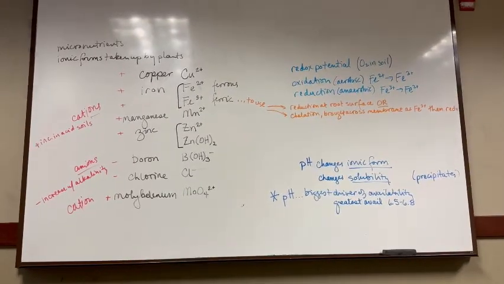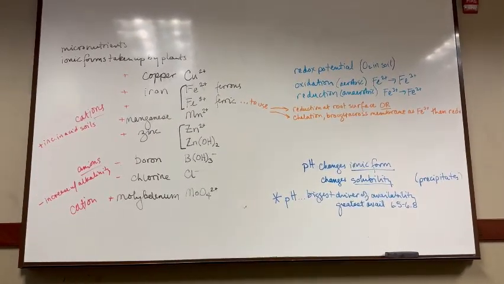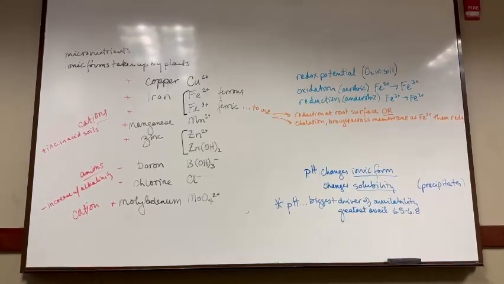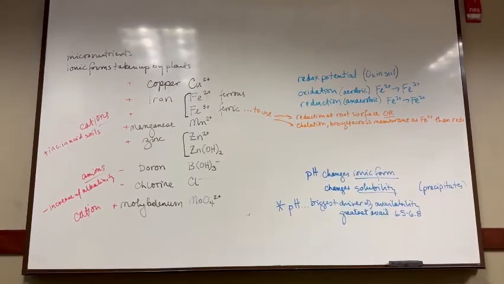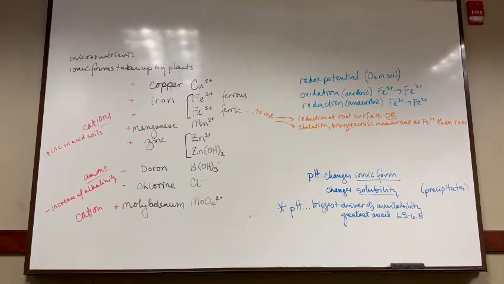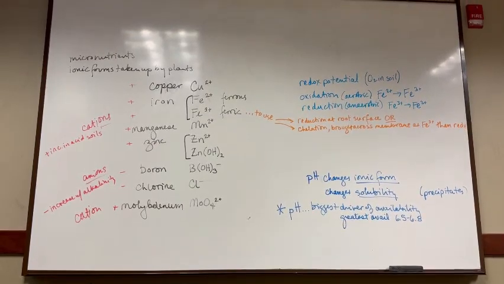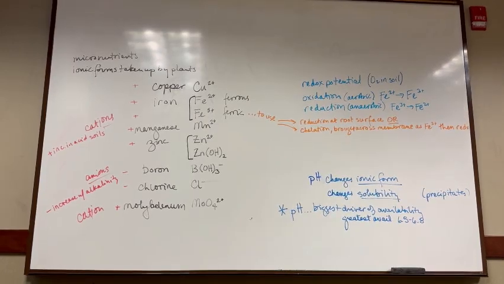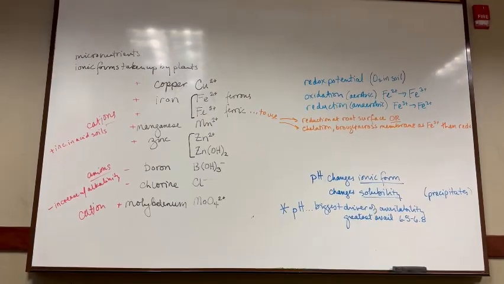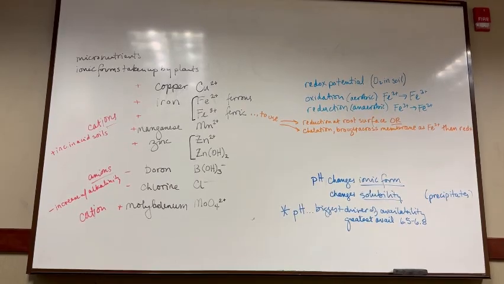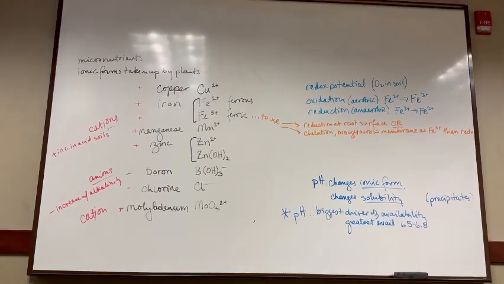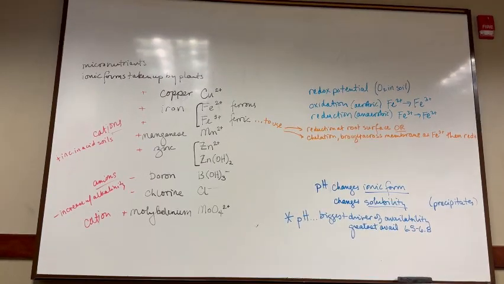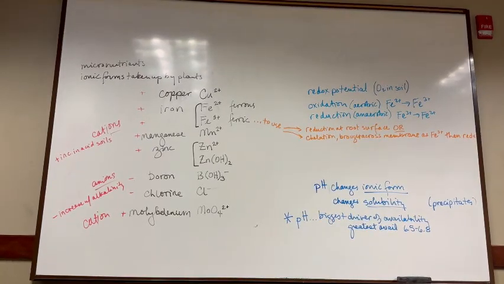The ionic form taken up by plants for copper is Cu2+; iron, ferrous, Fe2+, ferric, Fe3+; manganese, Mn2+; zinc, Zn2+ or ZnOH2.